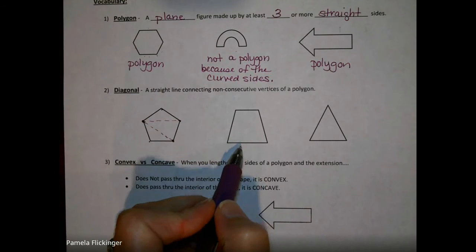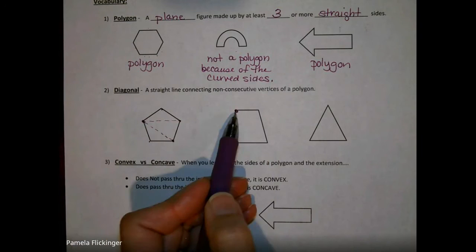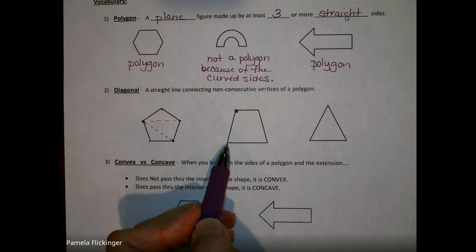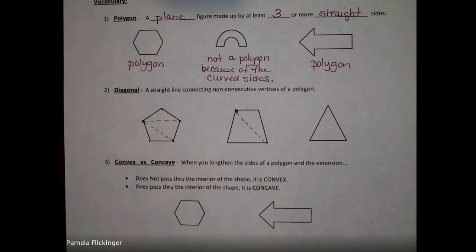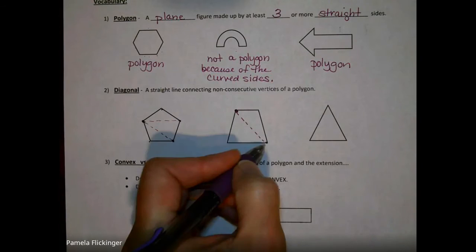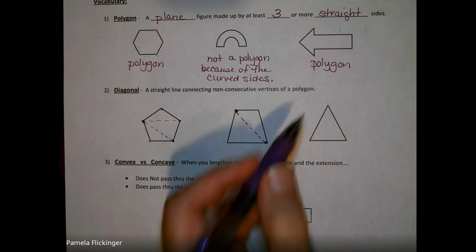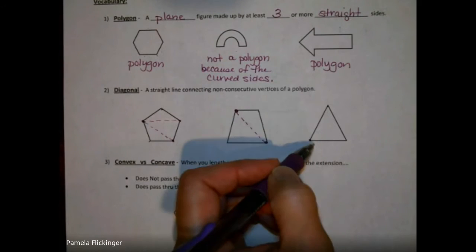The middle figure, all right, pick a corner of the vertex. If you go clockwise, that's consecutive. Counterclockwise is consecutive. So the only way to draw a diagonal would be to go to that one, which would be the only non-consecutive. In a triangle, if I go clockwise, I'm here.